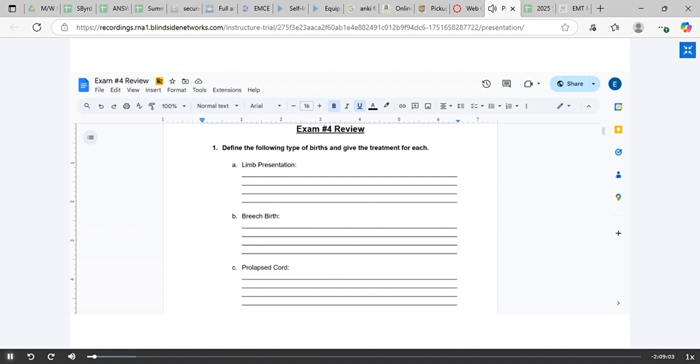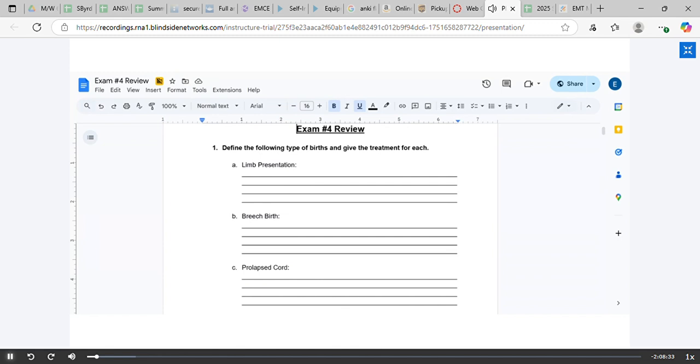This is one of those presentations where we don't want labor to progress, because it's going to cause a lot of additional trauma to the mom and to the fetus. So we really try to rapidly transport them to the hospital, where it's most likely going to be surgery or a C-section to remove this kiddo. The limb presentation is a single arm or leg that delivers first.